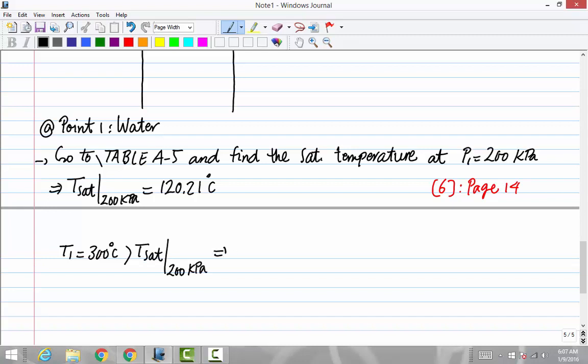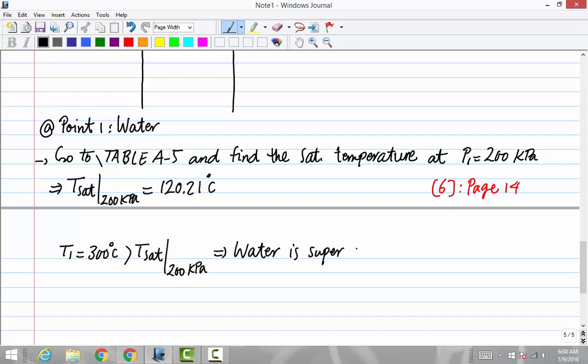Therefore, we conclude that water is what? Is superheated, because the temperature that water is at this point T1 is much higher than what it's supposed to be if it was saturated. So it should be warmer than the saturated vapor. It's a very hot vapor. So water is superheated.